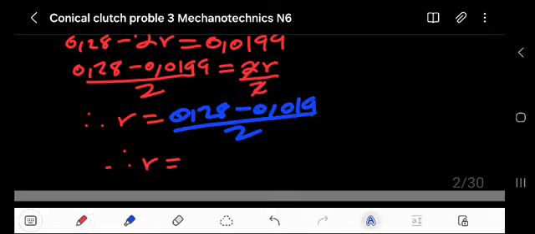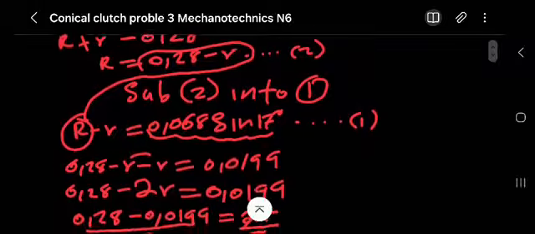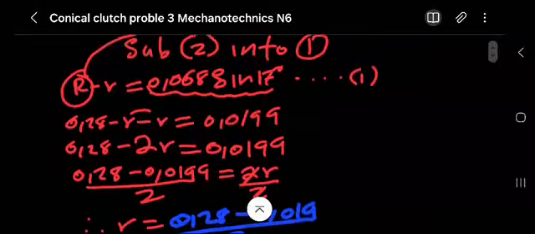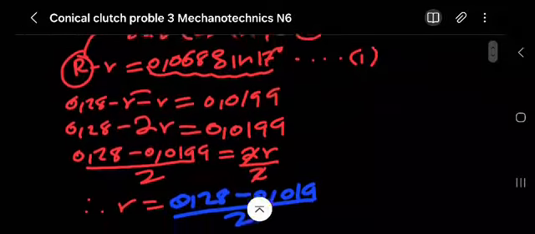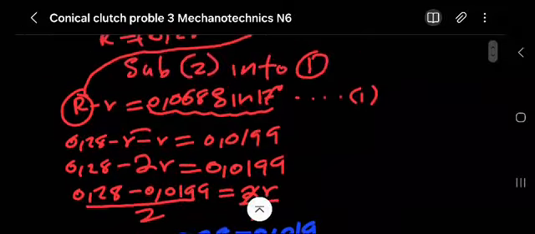Therefore, our R, if we put this on the calculator, look at this, is 0.13. This is in meters, right? This is what we have. Now what about the big R? This is the outer radius. We can take it from which equation? We're supposed to substitute from this one.